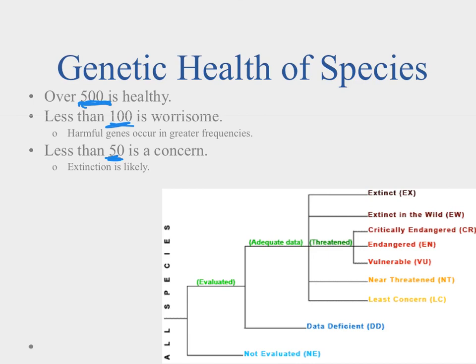And this is why we have endangered species and we have threatened species and things of that nature. It kind of shows us how healthy that species is in reference to its genetics. So if it's near threatened or threatened, it's going to be worrisome. When they become endangered or critically endangered, that's when we're talking about only a few of those left, and there's not a big enough population for it to bounce back if anything were to happen.